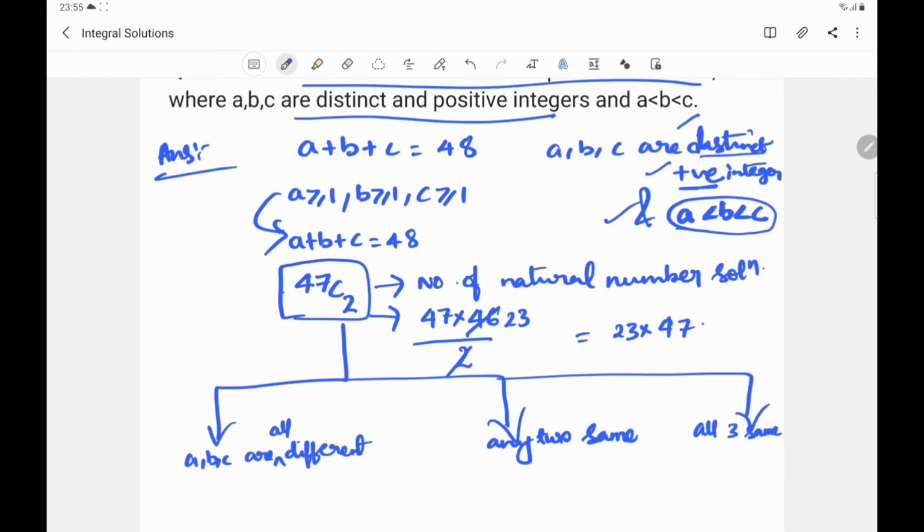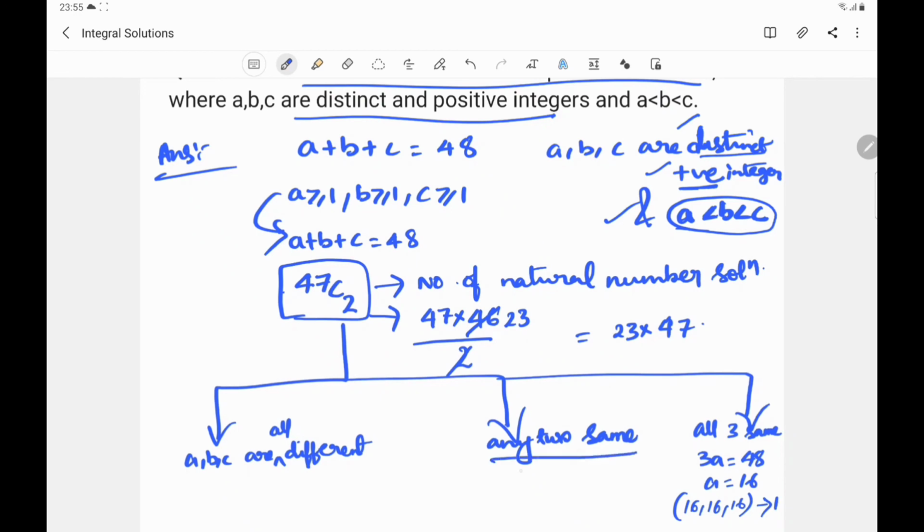Now, if all 3 are same, say 3A is equal to 48, so A will be equal to 16. So there will be one solution, 16, 16, 16.